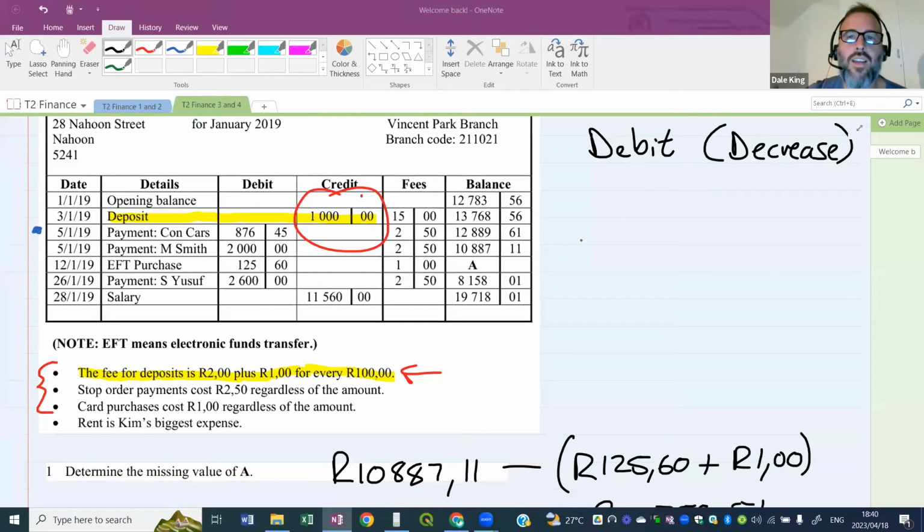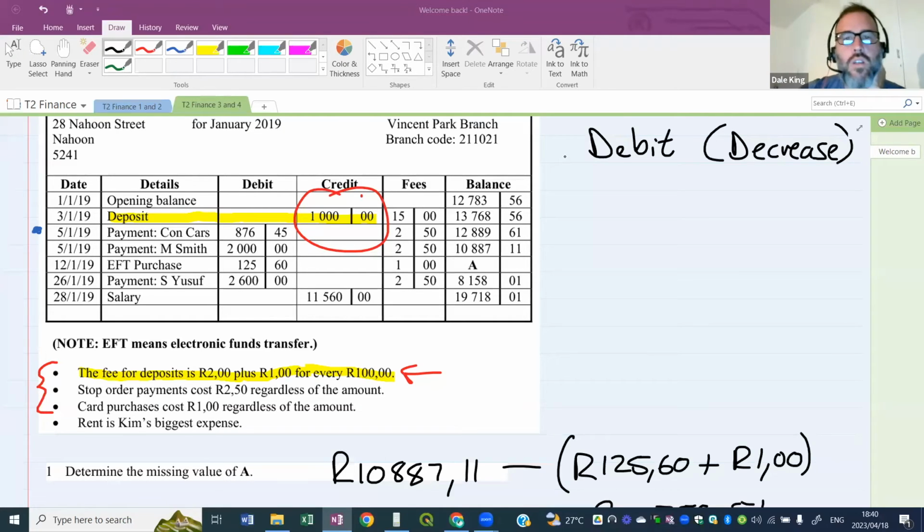Hi, sir. How are you? I'm good and you? Good, thank you. So I just added the balance and the credit and the fees. It doesn't add up because the balance is 13,768.56 and I have 13,798.56. That's what I got.